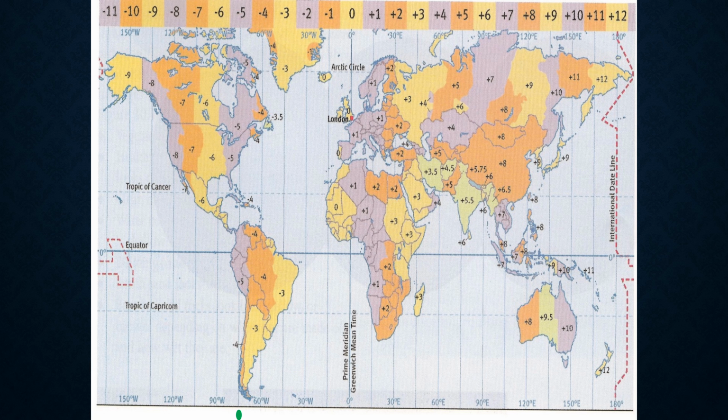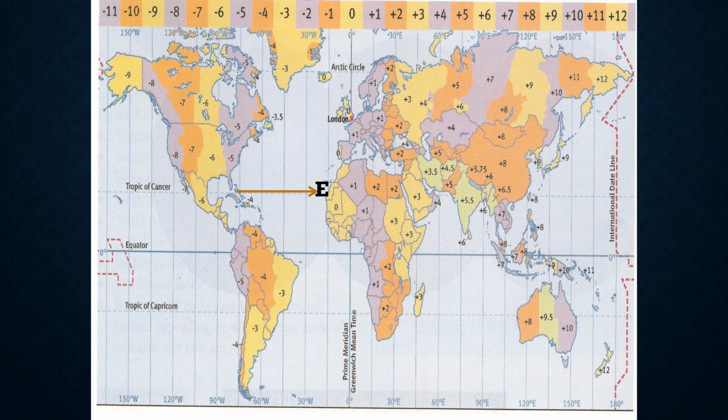Now, we want to find the time of a place located at 15 degrees west. So therefore, what direction is 15 degrees west from 75 degrees west? What direction is our arrow pointing? East. Therefore, the place located at 15 degrees west is actually east of the place located at 75 degrees west.